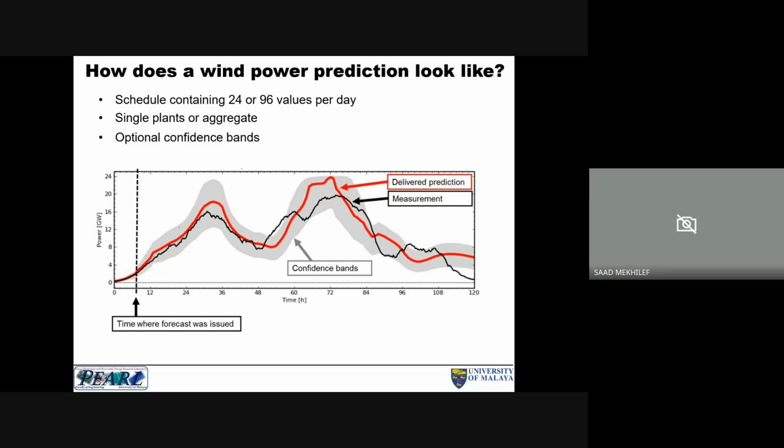You can see we can almost predict it, but there is still a gap. Here are the errors between the delivered predictions and the measured one. That's why I say the prediction depends on meteorological data, and this data may not be accurate, which is one of the issues.